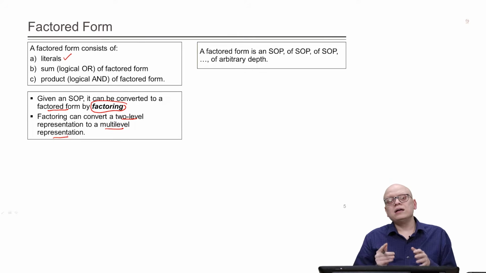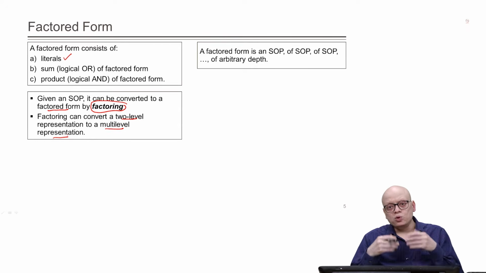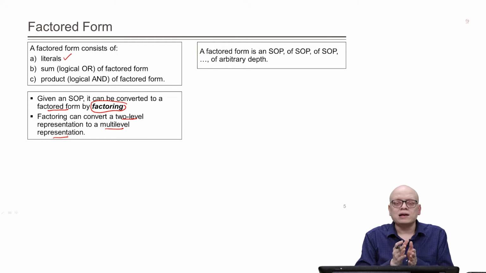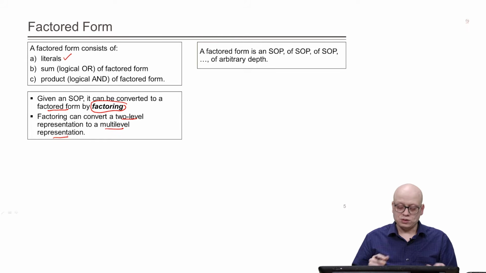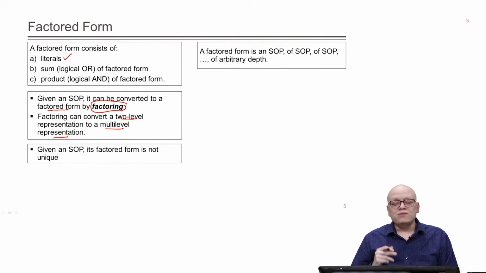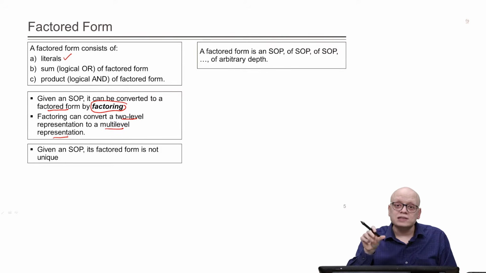So, given an SOP, we can do factoring, and we can get a factored form representation or multi-level logic representation. Okay. So, now given an SOP, its factored form is not unique, right. We can get different factored forms for the same SOP.